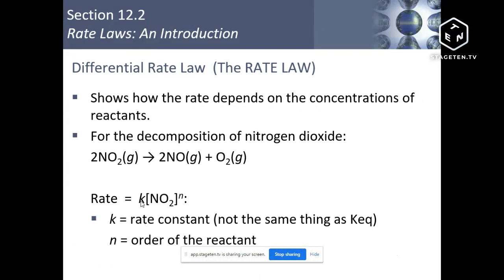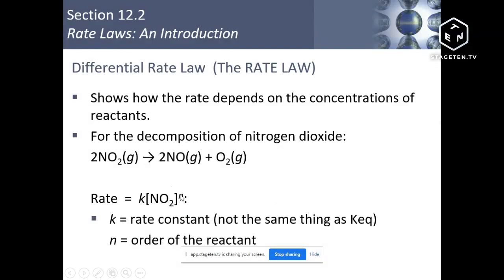Now, if you know one, you can find the other, and we'll talk about how they tie in together. Okay, but right now, just understand lowercase k, rate law constant, not the same thing as equilibrium constant. Okay, so you would write rate equals k times the concentration of all of your reactants, raised to the nth power.